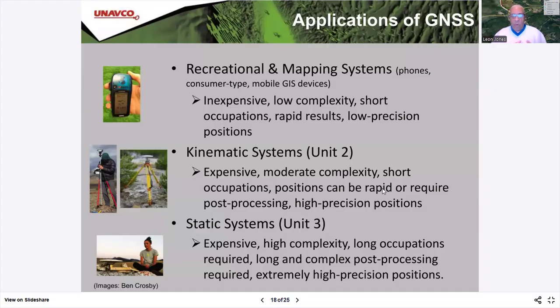Precisions can be rapid or require post processing for high precision positions. Then you also have your static systems: very expensive, high complexity, long occupations required, long and complex post processing required, extremely high precision positions.